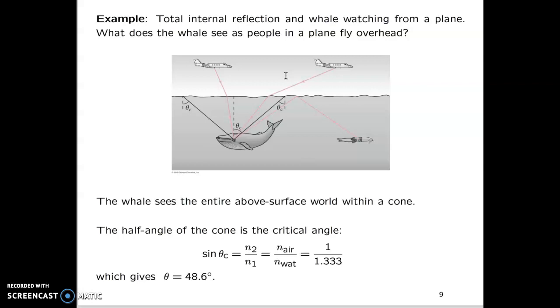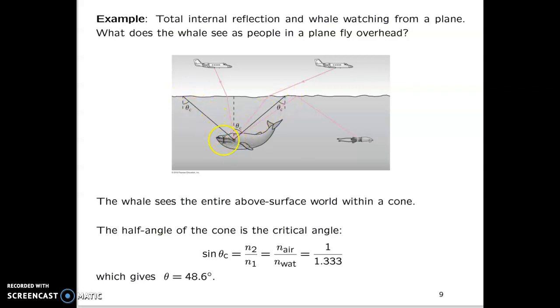So think about this. What does that imply about the way the outside world, meaning the world in the air above the water, will look to the whale? Basically, everything that is above the surface of the water, the whale will see, but it will only be within this cone.